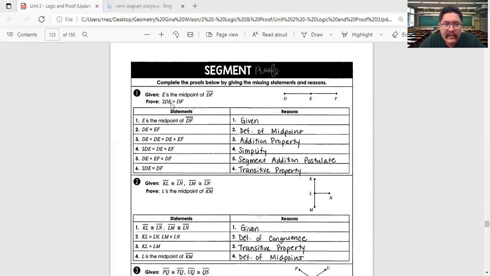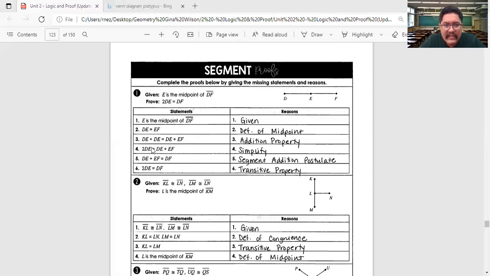All right, but again, we're trying to make it so that we get 2 DE. So to go from step 2 to step 3, for reason number 3, let's see what they did here. So they added, right? So we start off with DE and EF is over here. So it looks like they added a second DE. So if we double the length of DE, that would be the same as just going over it twice.